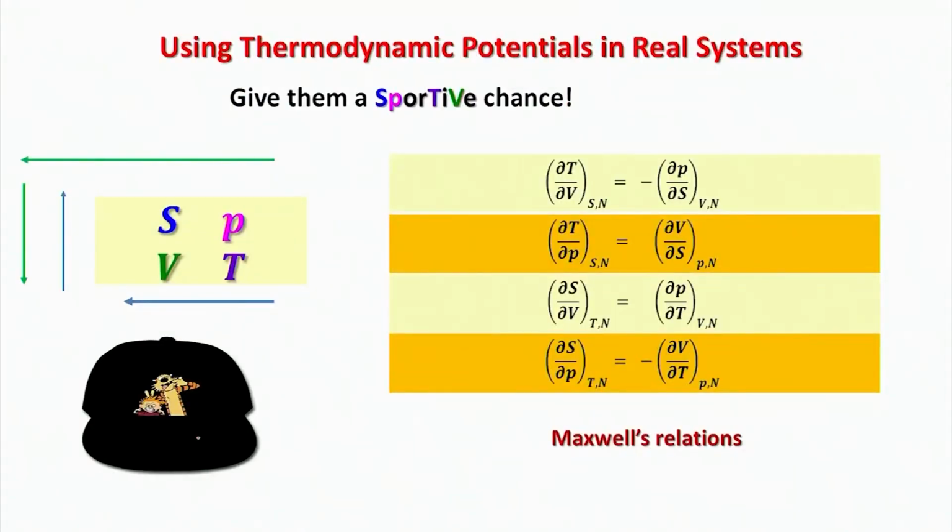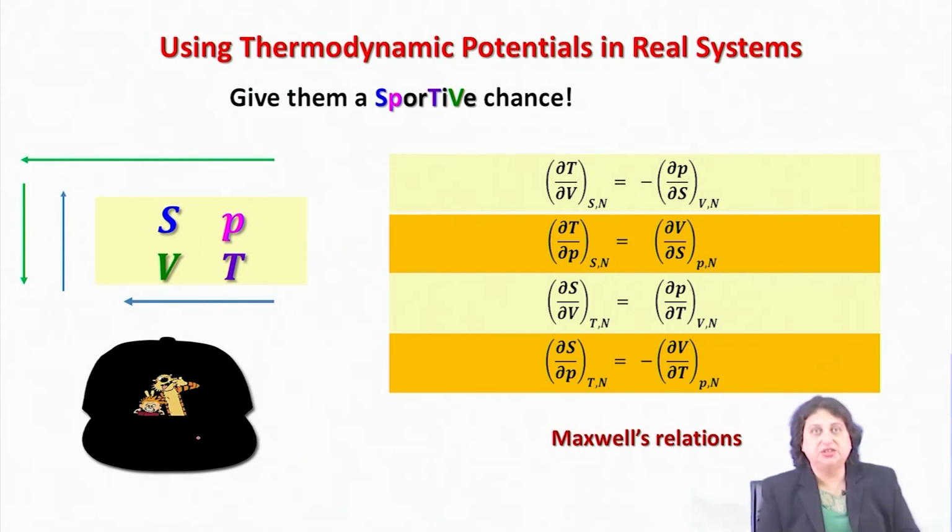For the practical application of thermodynamic potentials in real systems, we have said that we are going to use these Maxwell's relations. Of course, for a student looking at these Maxwell's relations for the first time, it's very difficult to remember which of the partial derivatives equate which ones.